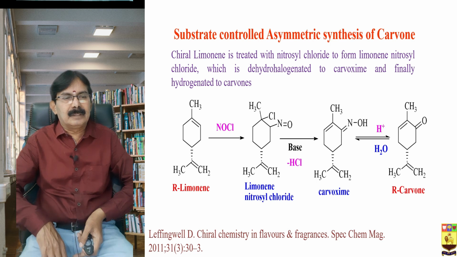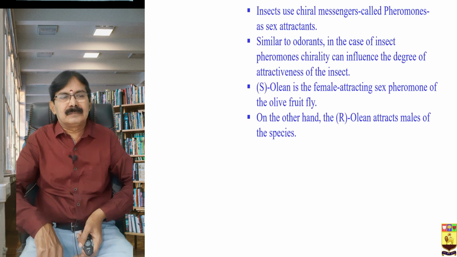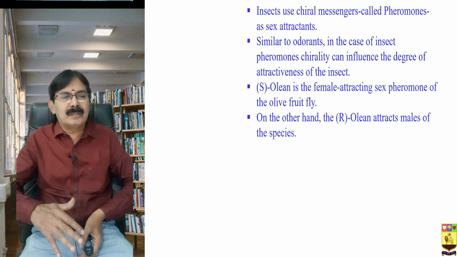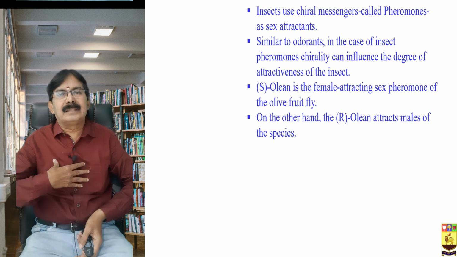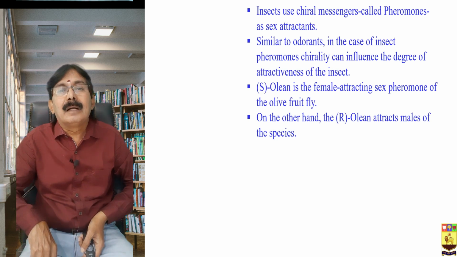Are you clear? Insects use chiral messages called pheromones as sex attractants. It is similar to odorants. In the case of odorants, human beings use them.